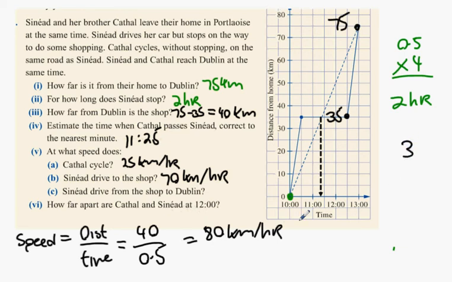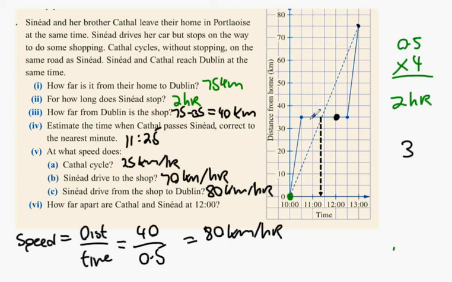So where were we? Sinead drove from the shop to Dublin, so it was 80 kilometres an hour, right? Now, how far apart are Cottle and Sinead at 12 o'clock? So go to 12 o'clock, don't mind anything else. Where's Sinead at 12 o'clock, guys? 35 kilometres.